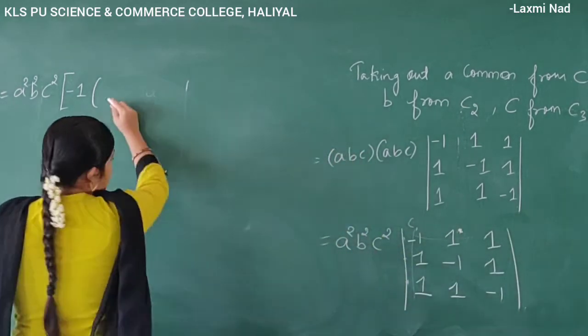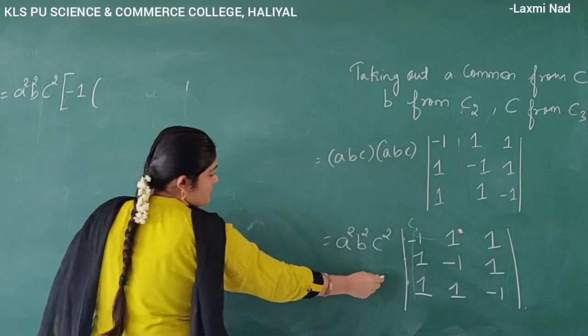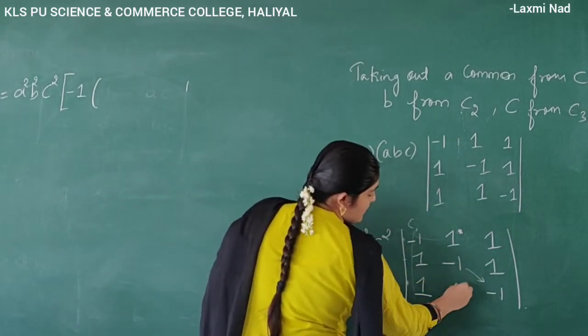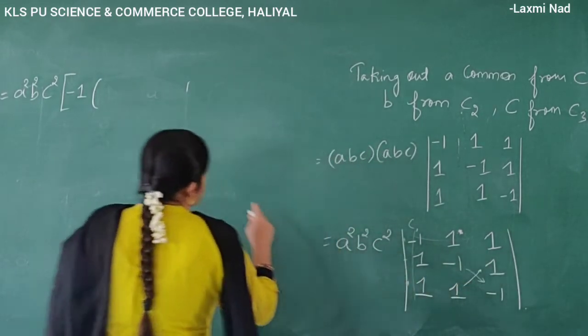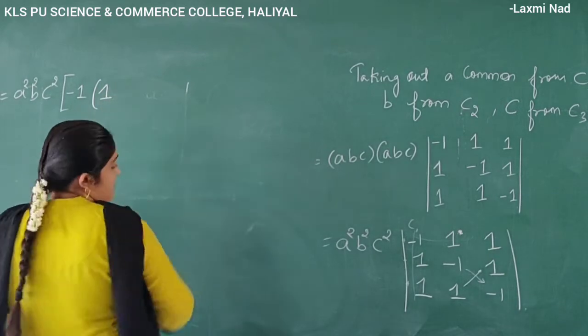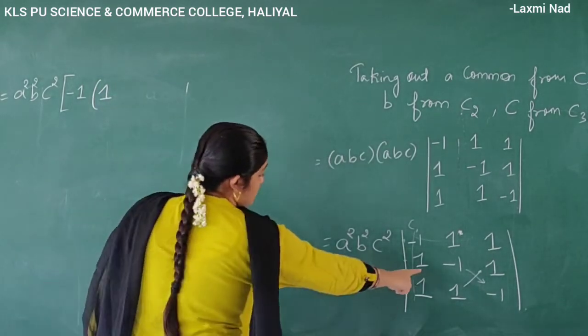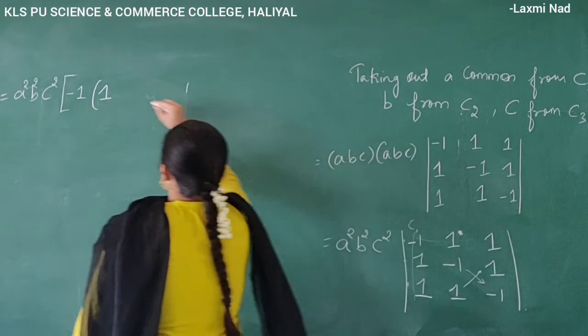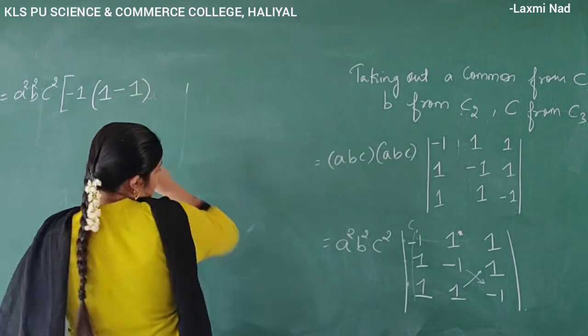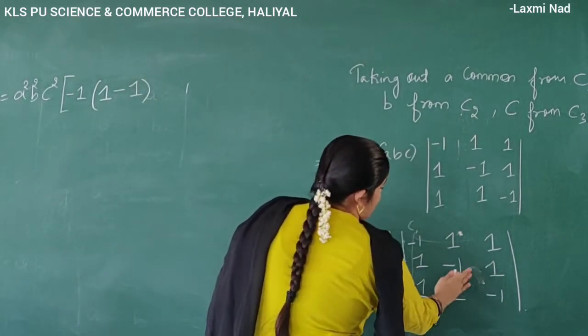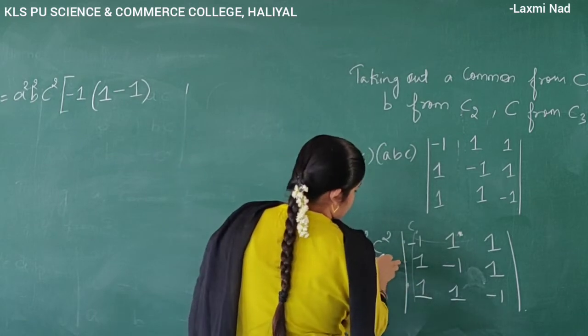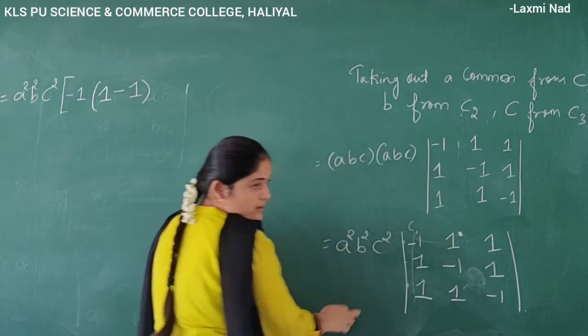If you multiply, what will you get? Minus into this, multiply minus this. So minus minus plus. So minus 1 becomes plus 1. After that, minus 1, 1, this one. Again we are expanding along the first column.